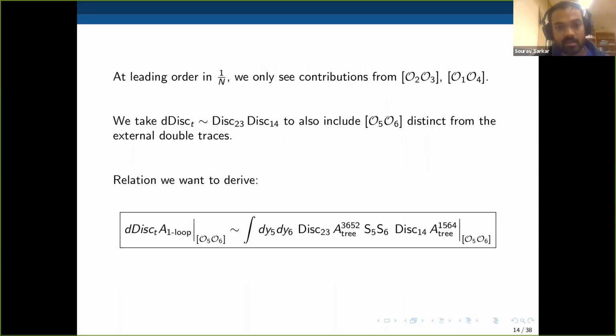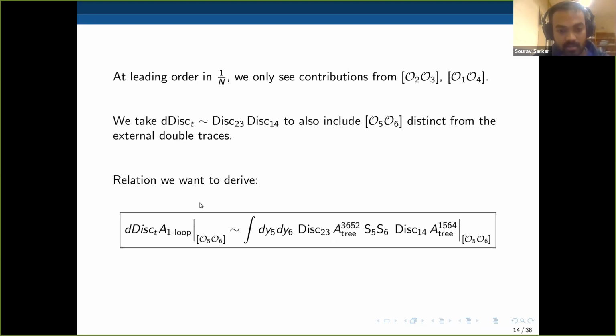At leading order in 1 over N, it turns out that we only see contributions from the external double traces, the O2. But we also want to look at the contributions from double traces that are distinct from the external ones. To do that, we take the double discontinuity on both sides, and on the right hand side this will factorize into the single discontinuity of individual correlators.